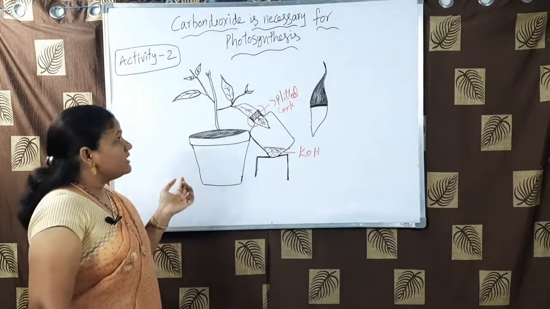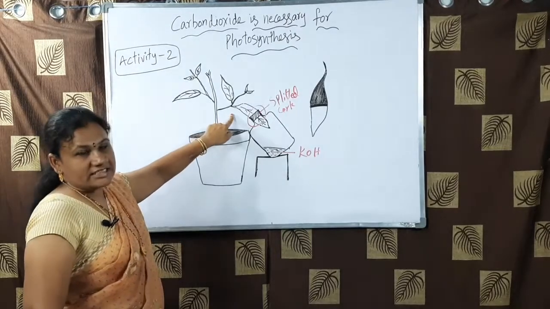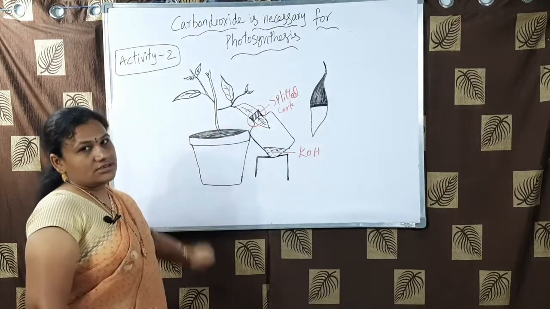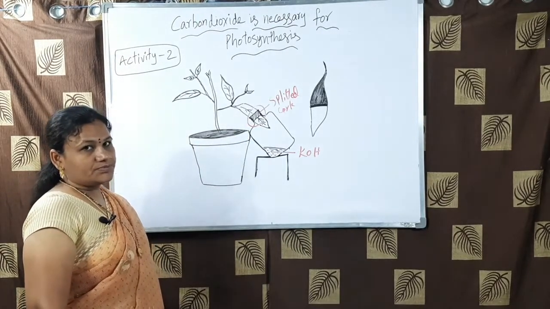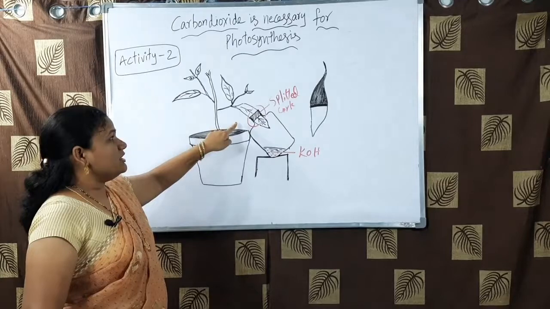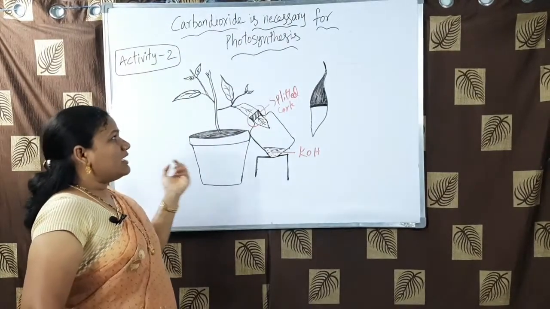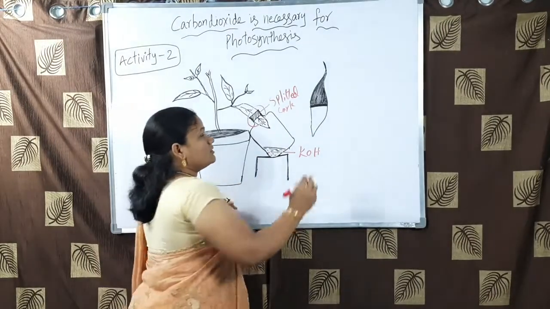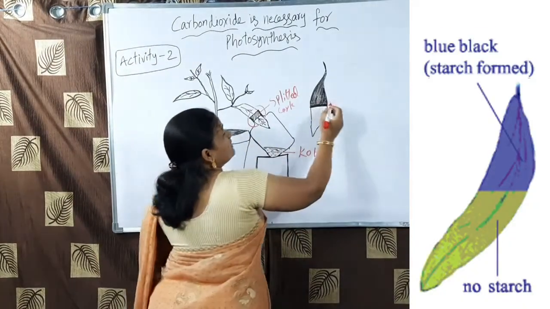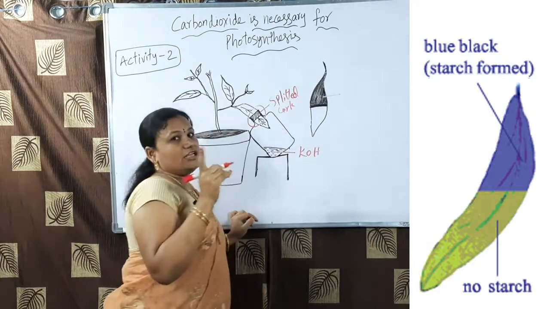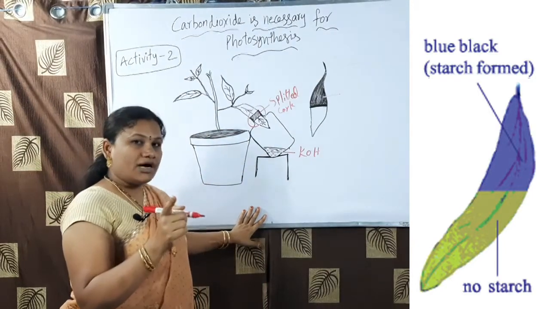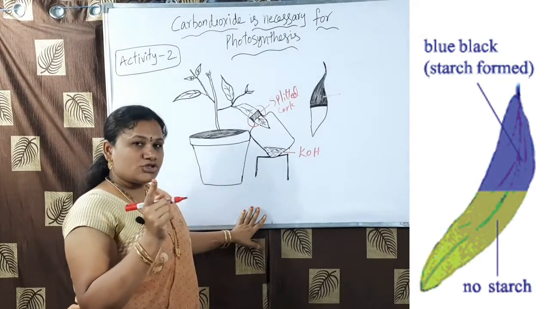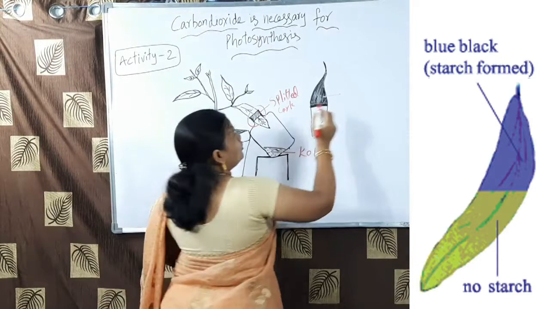Later, detach the leaf from the plant and remove the leaf from the split cork and the glass bottle carefully. Then conduct an iodine test on that leaf. As a result, the part of the leaf outside the bottle, which is exposed to sunlight and proper air, will turn blue black.